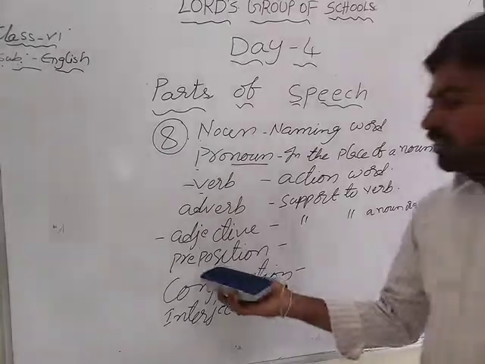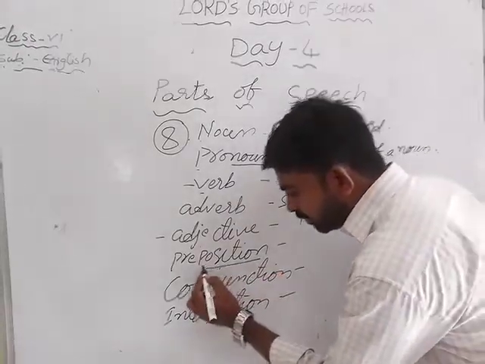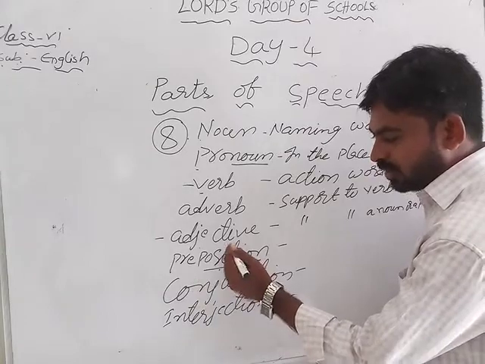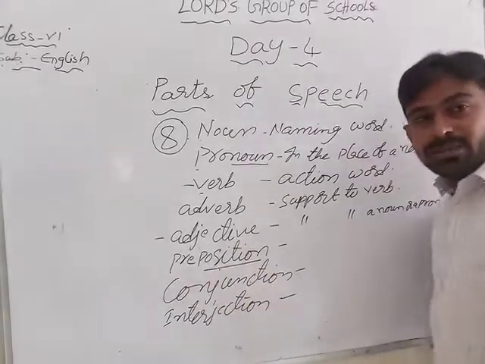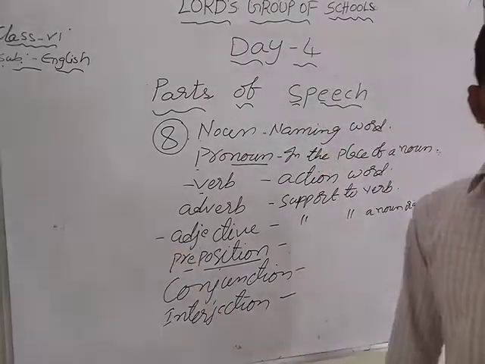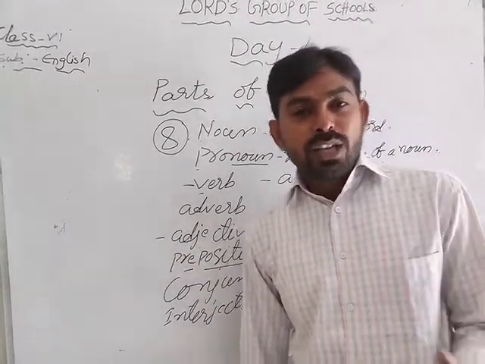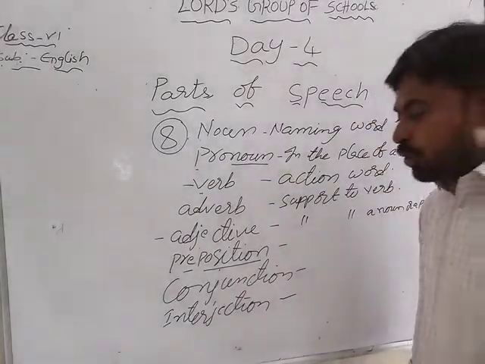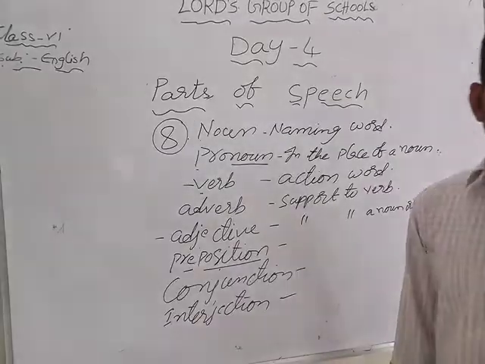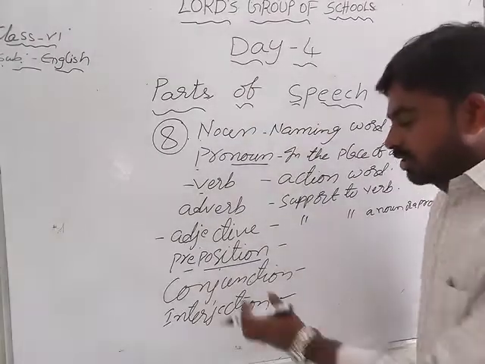Now, when we are talking about a preposition, it is nothing but a word that shows position. Whatever word we use in a sentence to show the position of an object or a substance is called a preposition.